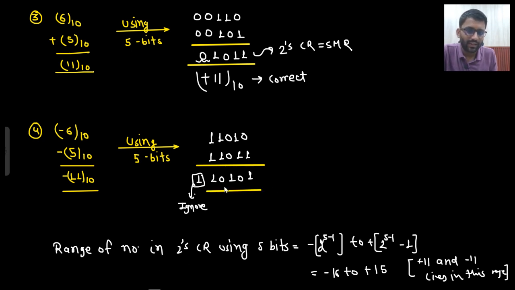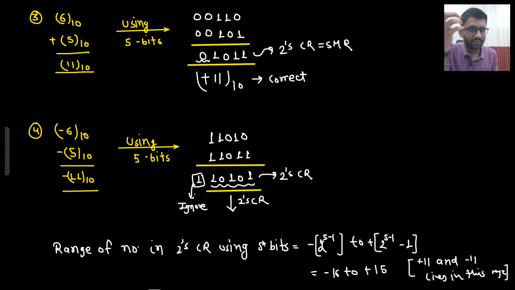So now this answer you are getting, this is the final answer, but this answer is in 2's complement form. This answer is in 2's complement representation. You need to get it in sign magnitude representation. So what you will do, you will take again 2's complement, because this answer is negative. If the answer is negative, sign magnitude representation and 2's complement representation will not be same. If the question is being asked that we need the final answer in 2's complement representation, then this would be the answer.